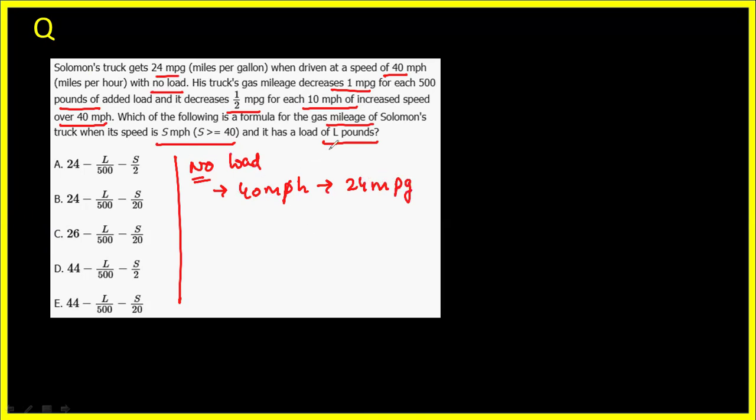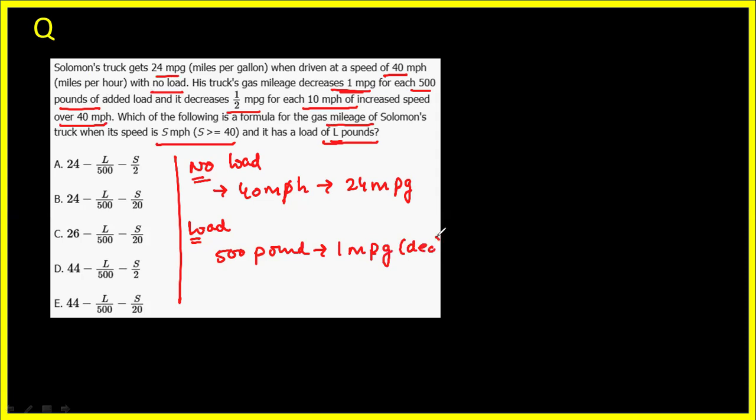Now there is a load. How much is the load? That is L pounds. According to the question, the mileage decreases by 1 mile per gallon for each 500 pounds of added load. When there is a load of 500 pounds, the mileage decreases by 1 mile per gallon.